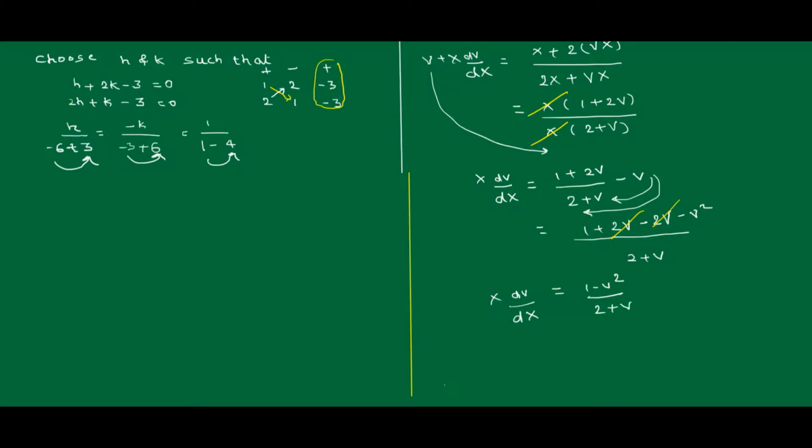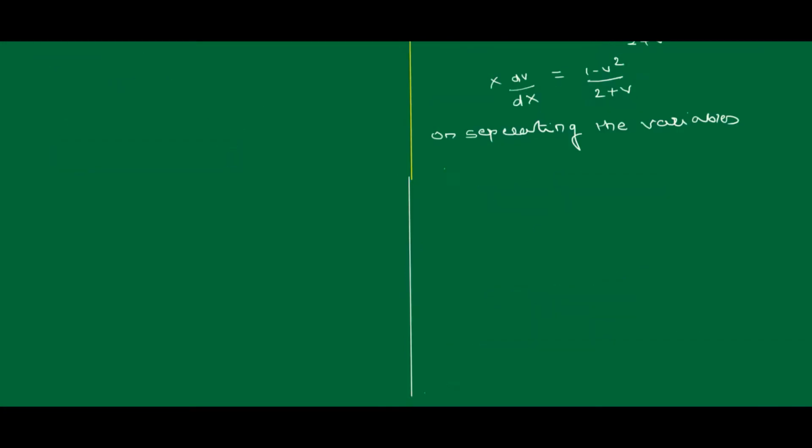Now separating the variables. On separating the variables, we have to transpose this 1 minus v square divided by 2 plus v to the right hand side, and this x divided by dx to the right hand side.